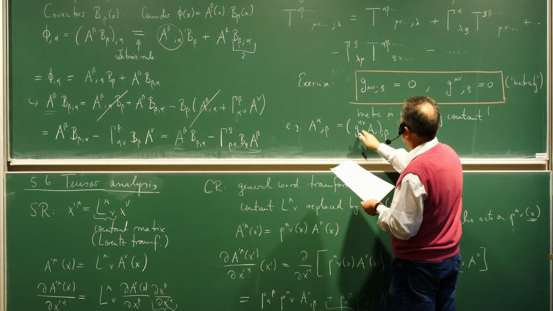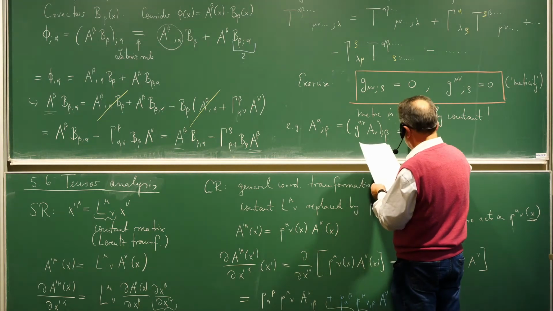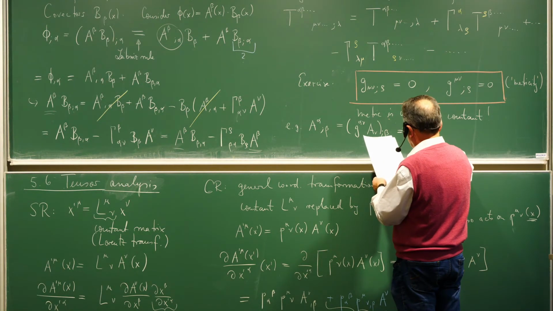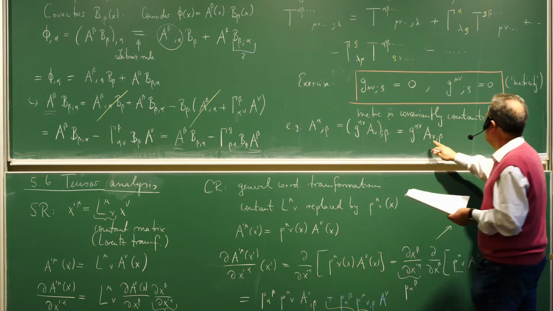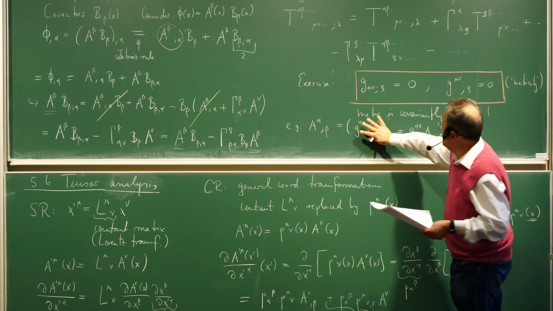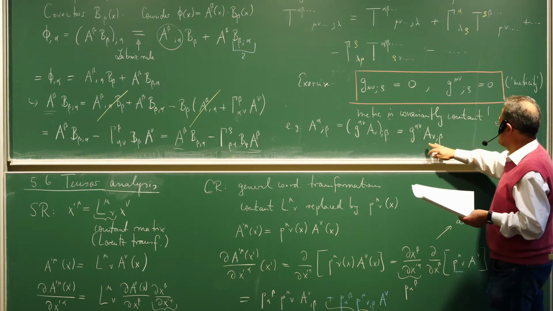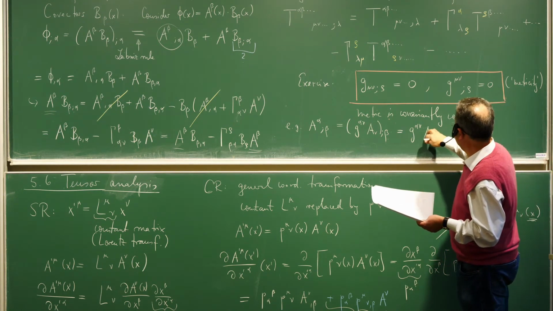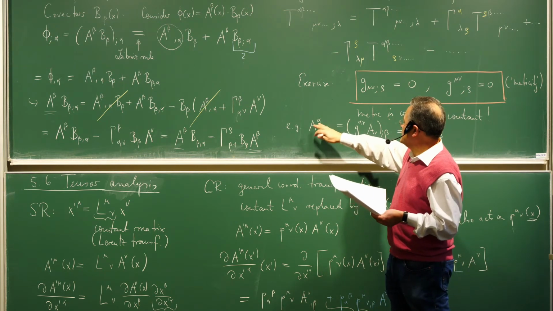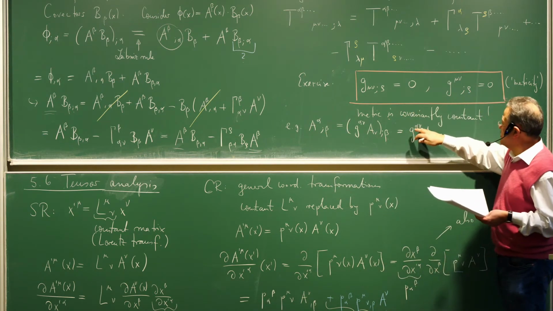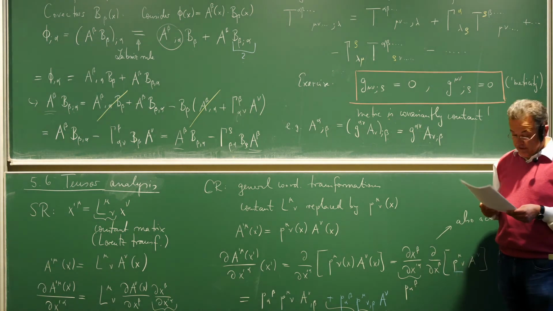So you can put this g outside the parenthesis, and you see that without this intermediate step, you can directly raise this index in the derivative without problems, because the g itself is covariantly constant.